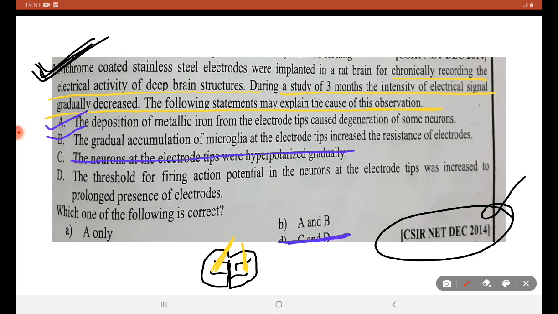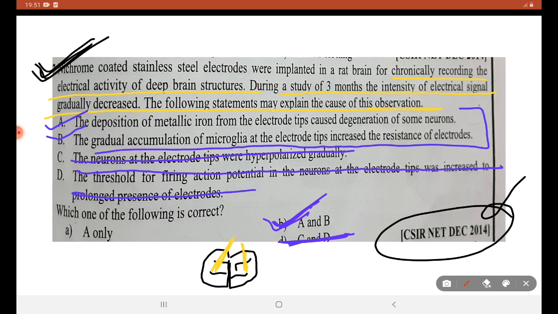C is wrong. A and B are the correct answers for this question. Threshold for firing action potential in the neuron at the electrode tips was increased due to the prolonged presence. No, this is not correct. These are the two learnings: what will happen if an electrode is placed in the brain?